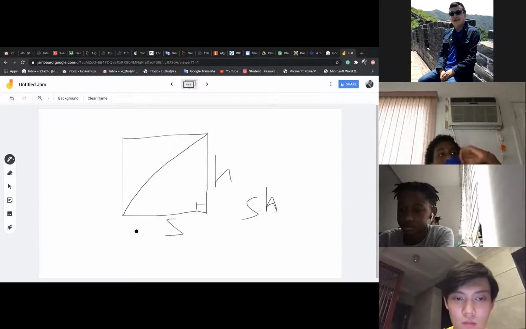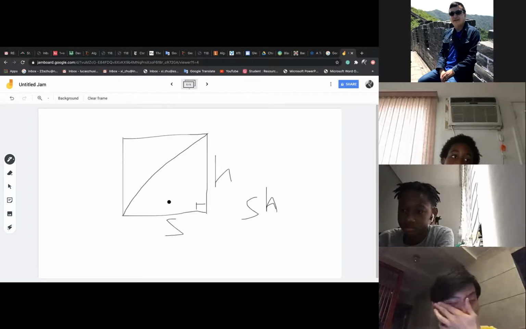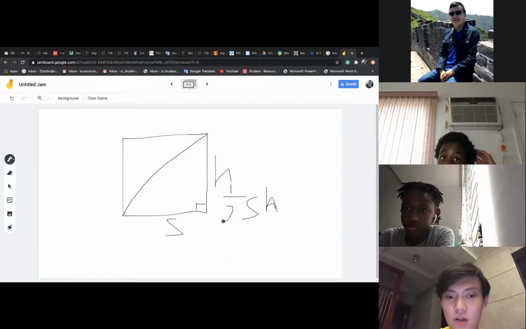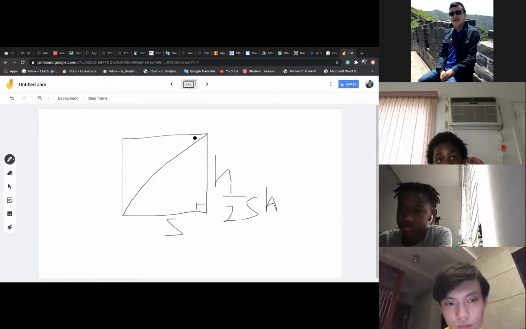But I just want half of it because I cut it in half. So you just multiply by 1/2, because those 2 are congruent.